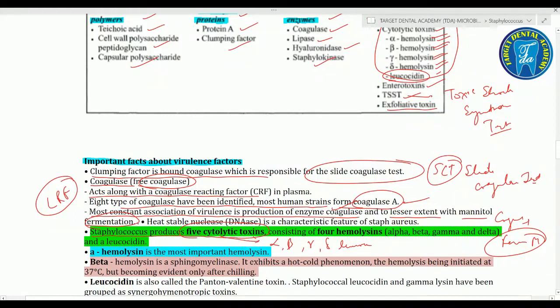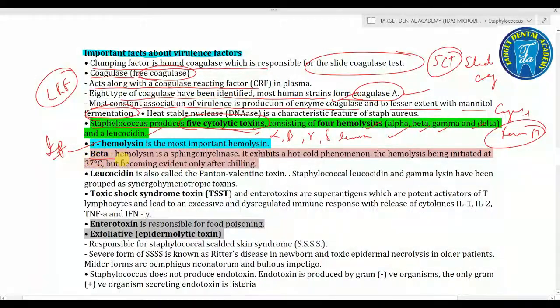These are the 5 cytolytic toxins, consisting of the 4 hemolysins, alpha, beta, gamma and delta, and one leukocidin. Out of the 5 cytolytic toxins, alpha hemolysin is the most important hemolysin, and beta hemolysin is a sphingomyelinase.